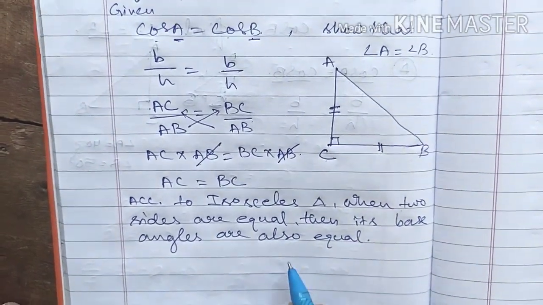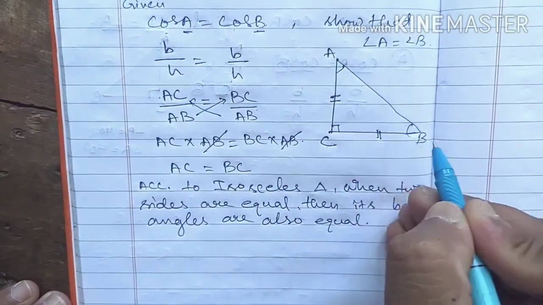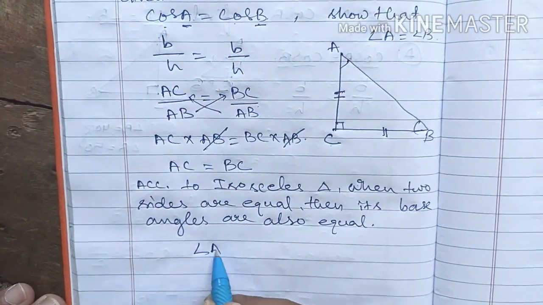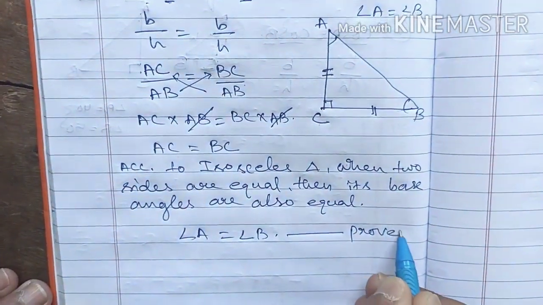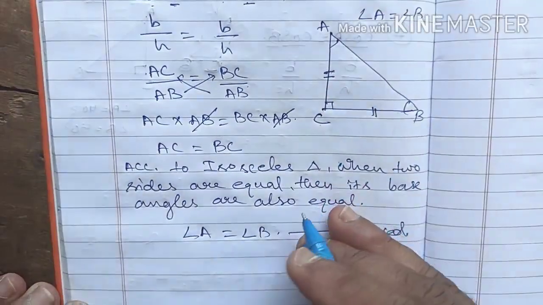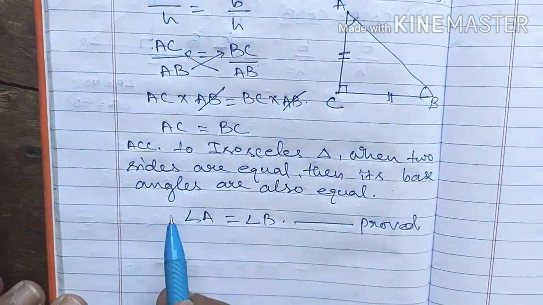You might have studied this in the 9th class. When two sides are equal, its base angles are equal. That means angle A equals angle B. Proved. Okay, just go through this. If you have any queries, you can ask me in my comment box.